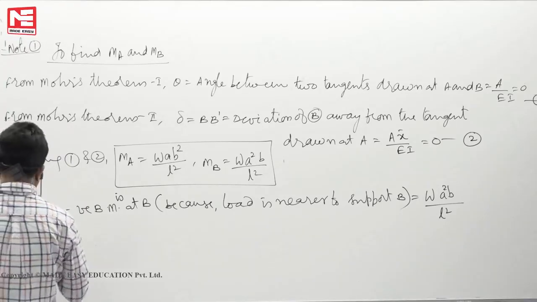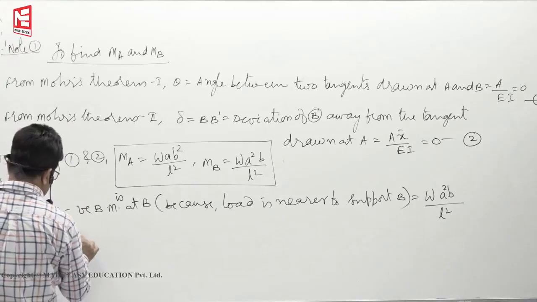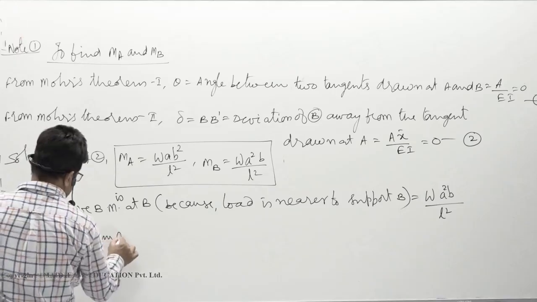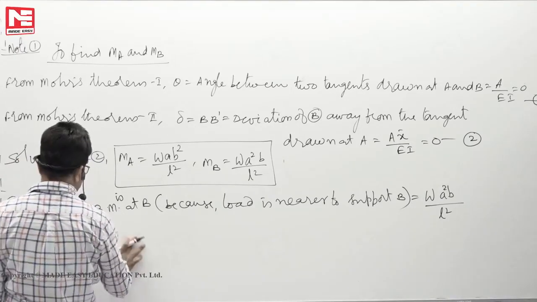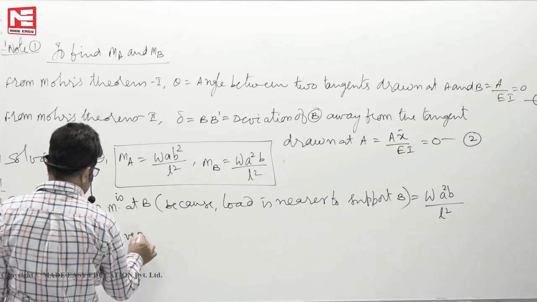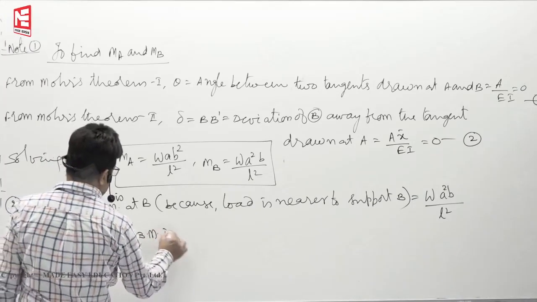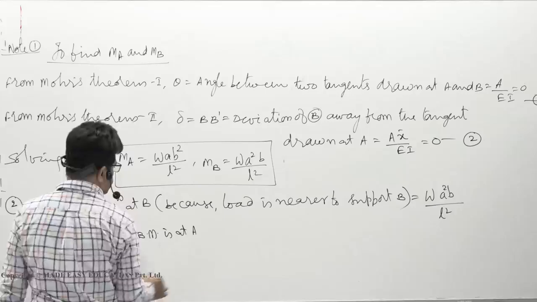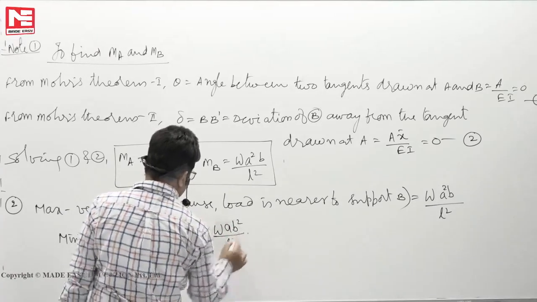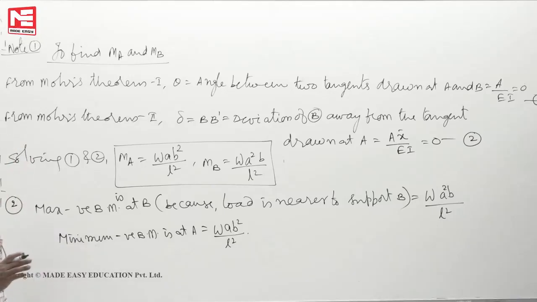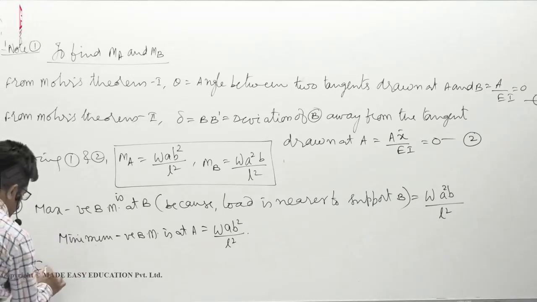Next, minimum moment. That means minimum negative bending moment is at A, W A B square by L square. Then the maximum positive bending moment will take an intermediate location. The sequence is like this.